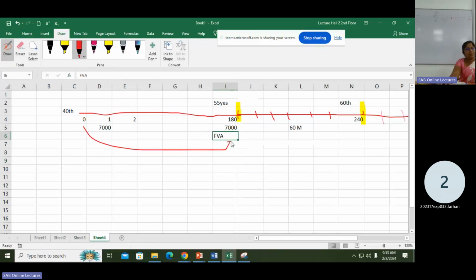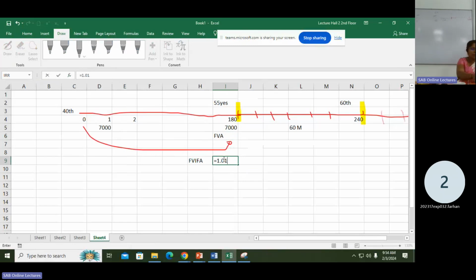You can find how much has accumulated here by applying the future value of annuity formula. So accordingly, what is the answer? The future value interest factor annuity: 1 plus R, where R is annually 12%, so monthly it is 1%.